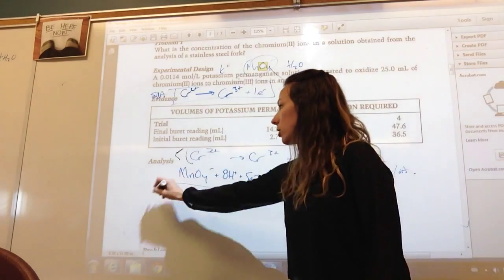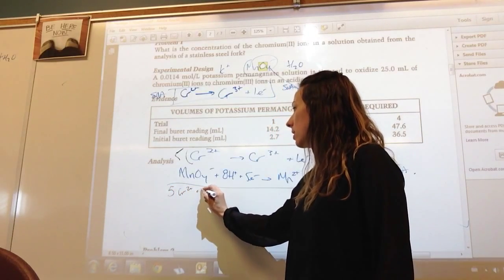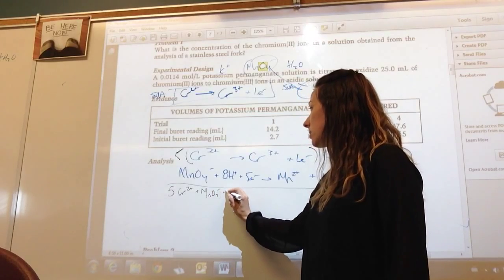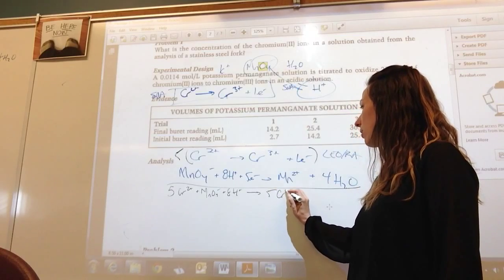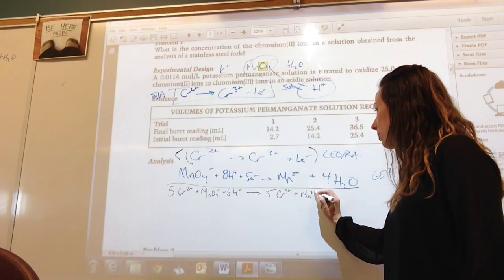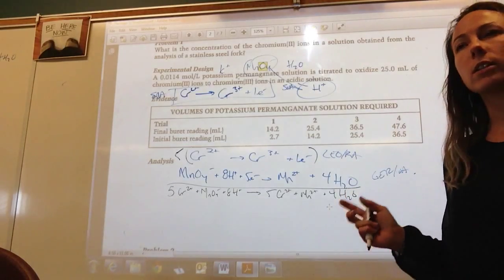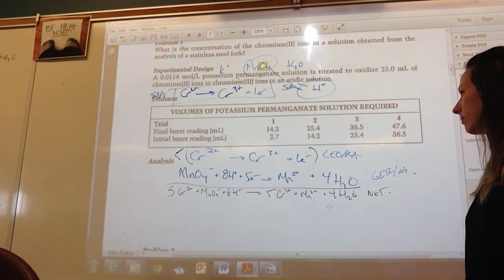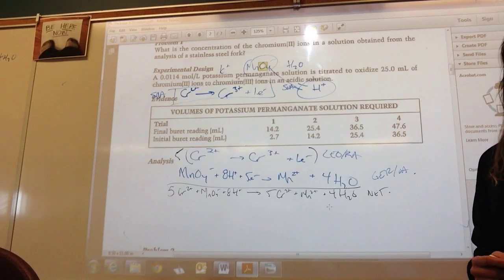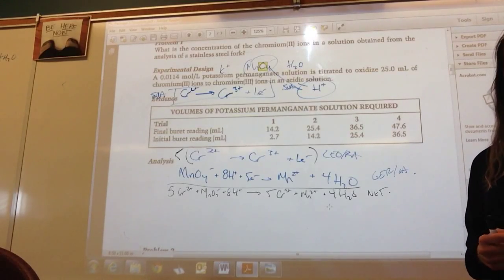And then my net reaction is going to be 5 Cr2 pluses, and MnO4 minus, 8 H pluses goes to 5 Cr3 pluses, Mn2 plus, and 4 waters. Just double check because it's so long that I don't need to cancel anything else out. I don't. This is my net. There's the Chem 30 bit that ties in with the Chem 20 bit.